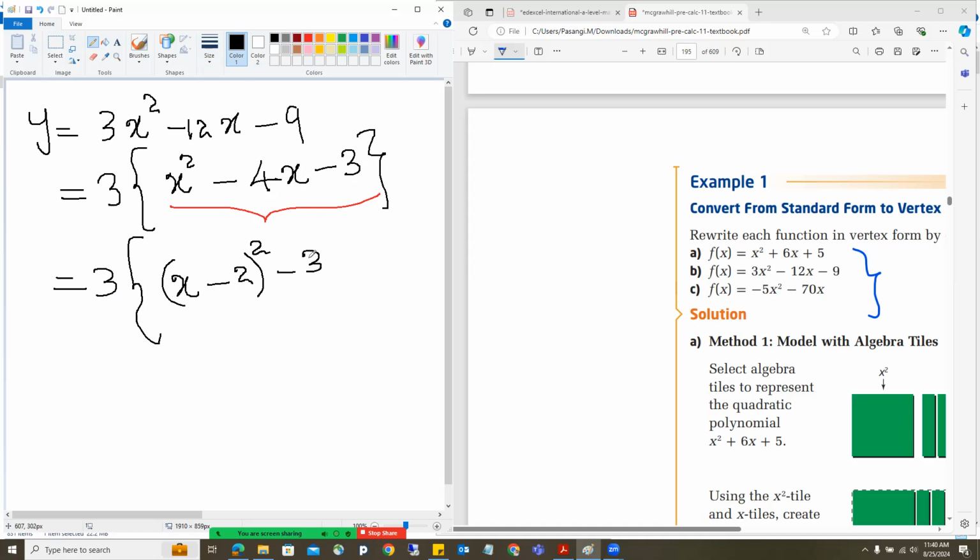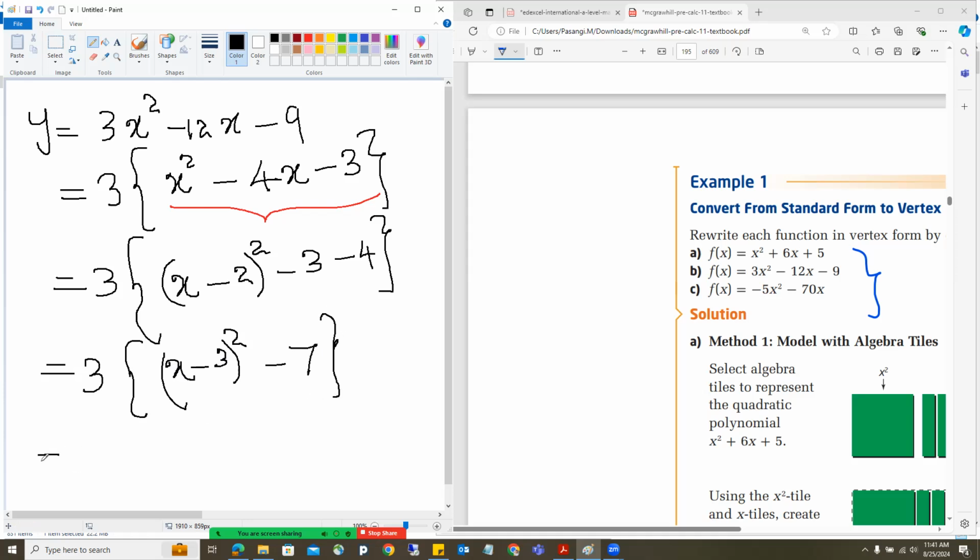Minus 3 I'll put again here, and thus we have to subtract the square of this term, that is 4. 3 times x minus 2 squared minus 7. So which means 3 into x minus 2 squared, I just multiplied, minus 21. Okay?